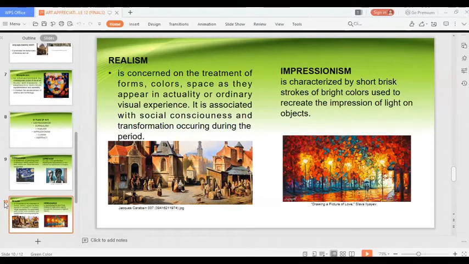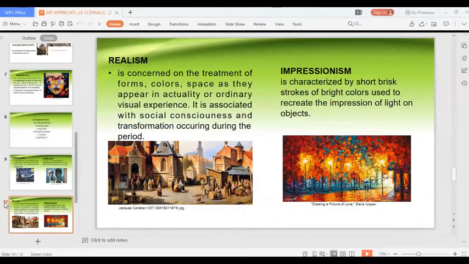It is associated with social consciousness and transformation occurring during the period. So in general, realism is concerned with the reality of life. That's realism.